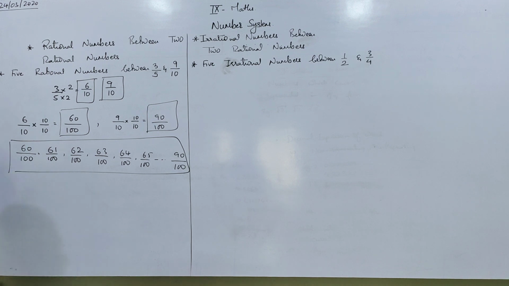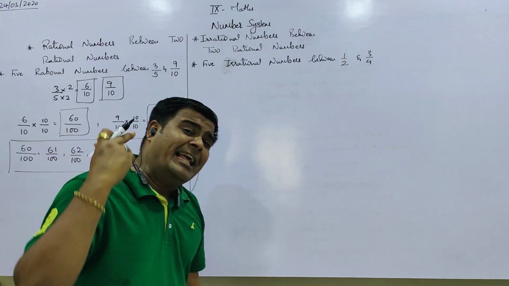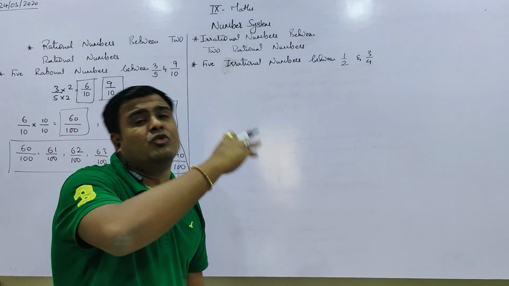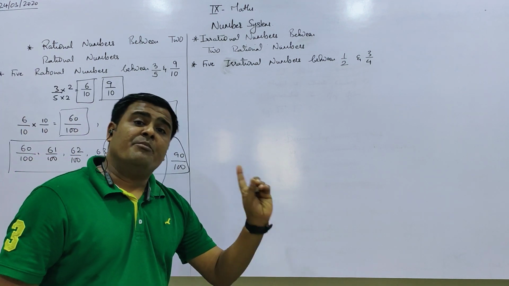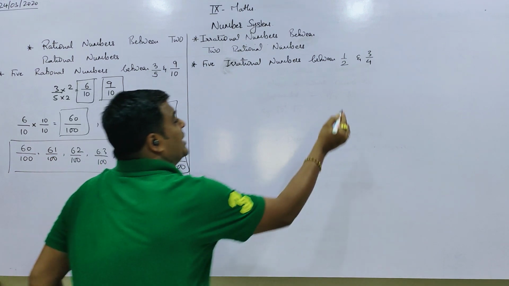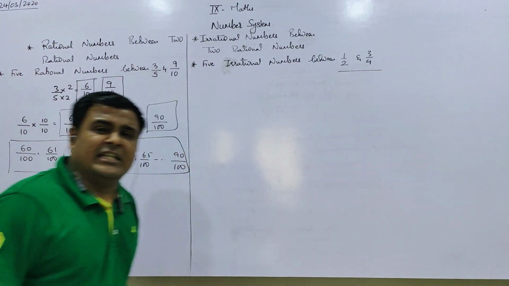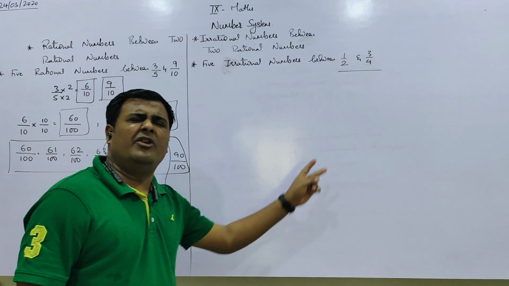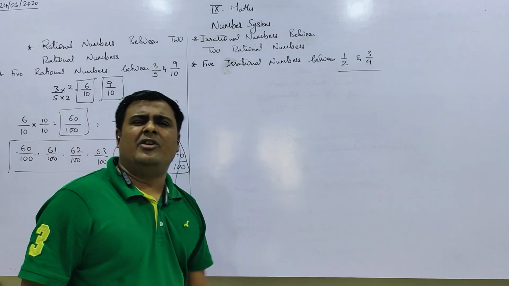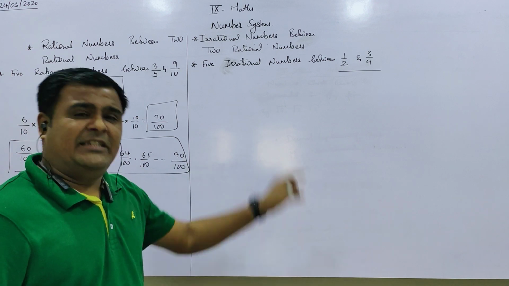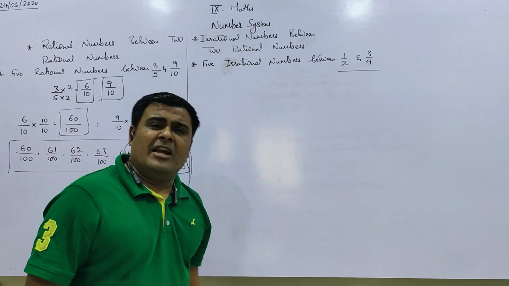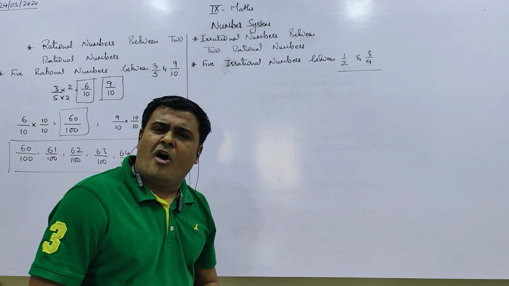Now let us learn to find the irrational numbers between the 2 rational numbers. Okay, here I am talking about finding the irrational numbers between the 2 rational numbers. See, here we have 2 rational numbers, that is 1 by 2 and 3 by 4. Here you don't need to find the LCM and don't need to make the denominators equal. Here what you have to do is, see, an irrational number can't be represented in P by Q form.